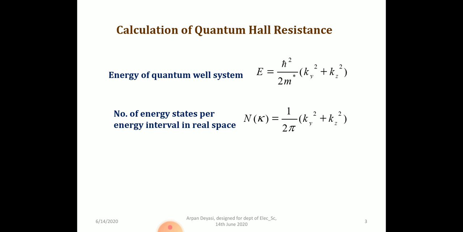So the number of energy states per energy interval in real space will be kappa square by 2 pi. It's a simple definition. If you forgot, go to my lecture 5 where you can get the calculation of the number of energy states from the density of states expression.